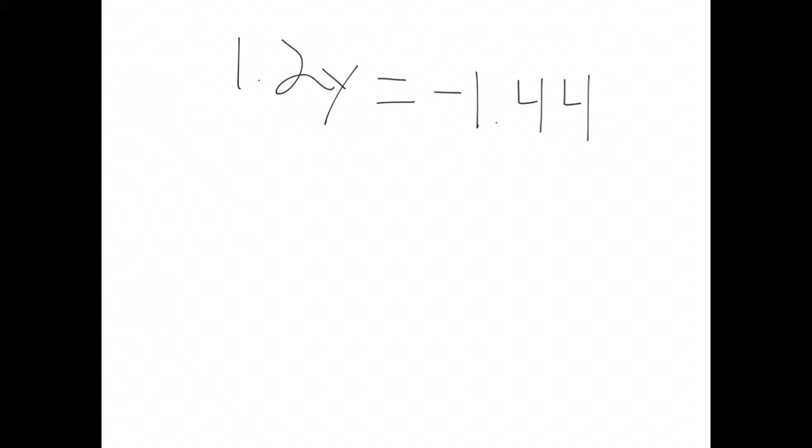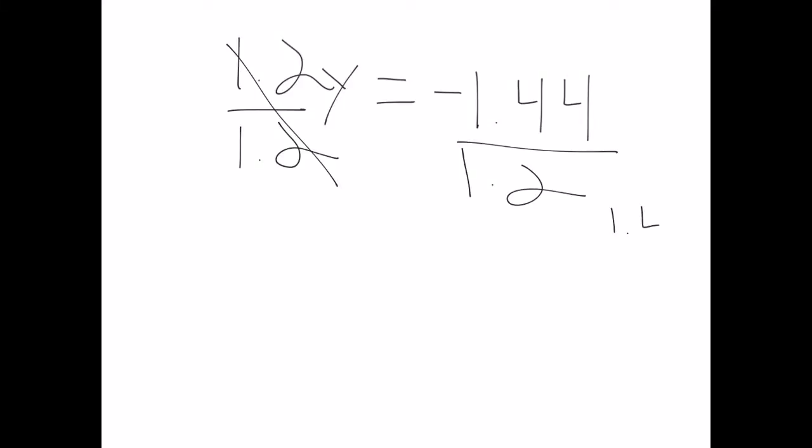So now, hold on. Oops, sorry. Divide 1.2, 1.2. Do that. And then we got 1.44, 1.2, 0. Boom. Now we got 12. Alright, so 12 goes into 14 once.